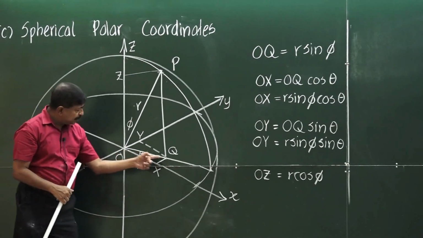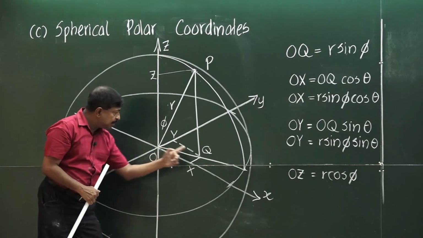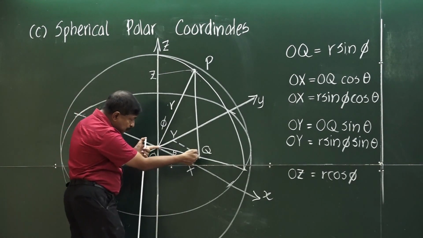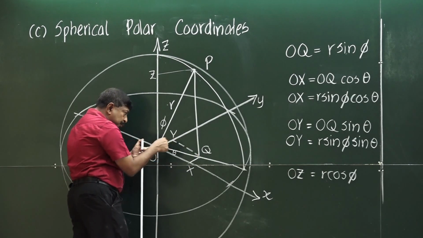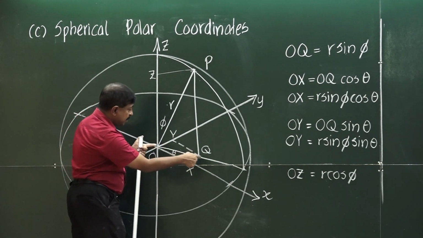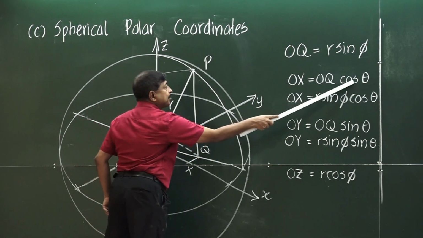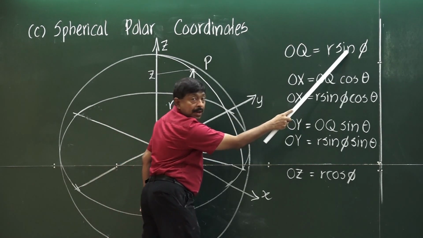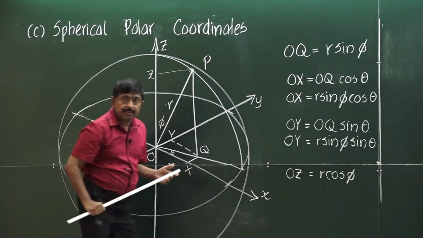Now, once you project OP onto the xy plane, the projection will be OQ. Now, again you project OQ onto the x axis, and similarly you project OQ onto the y axis. Since this angle is theta, OX is OQ cos theta, like this. And since we know what OQ is, you plug in R sin phi for OQ and you will end up with this one.